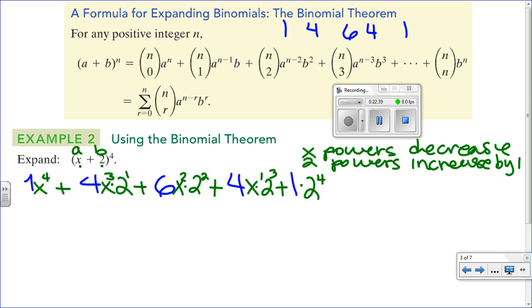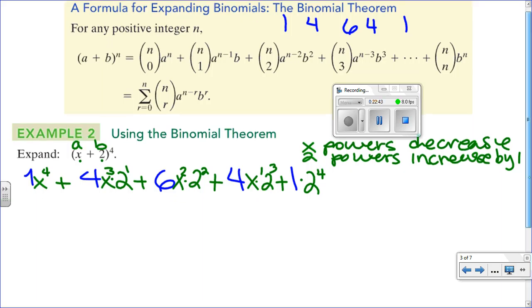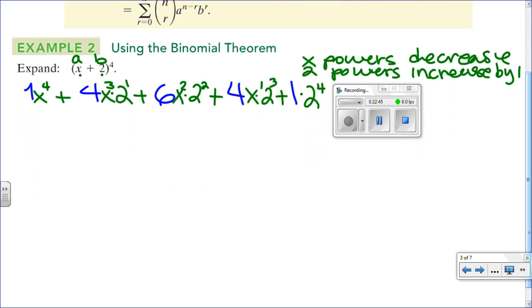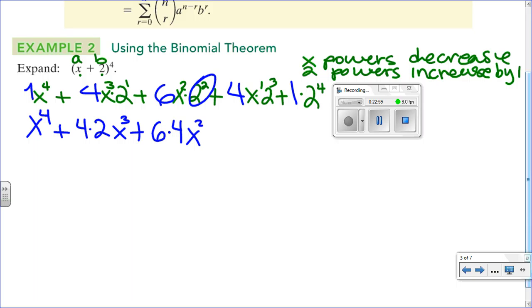And of course, if your terms are numbers, we still need to simplify. So here we have 4 times 2 times x cubed. Here I will have 6 times 4 because we have 2 squared, x squared. And then 4 times 2 cubed is 8. You still have that x.